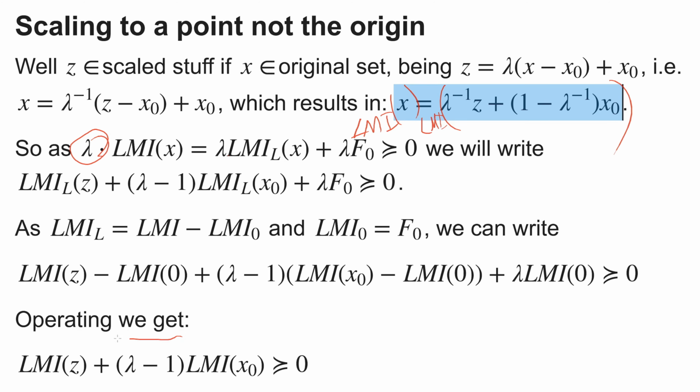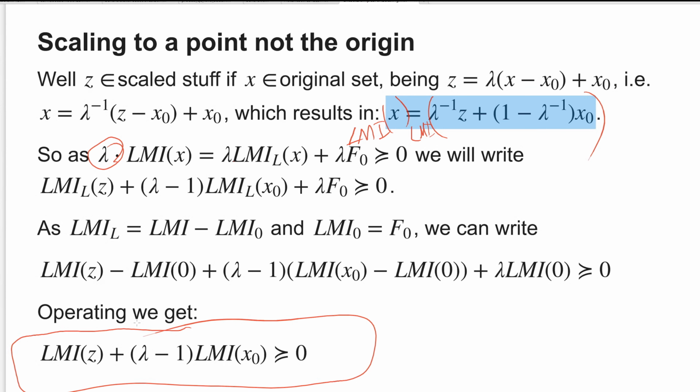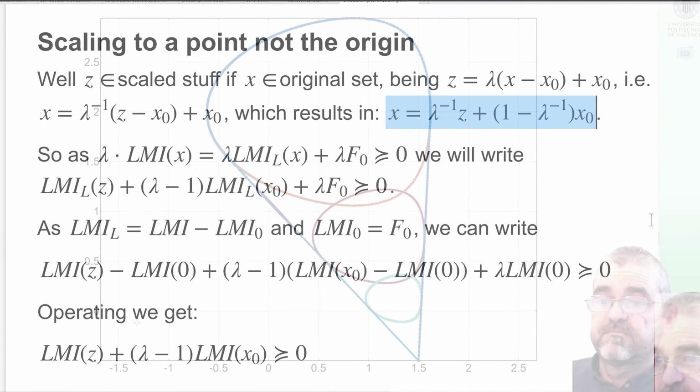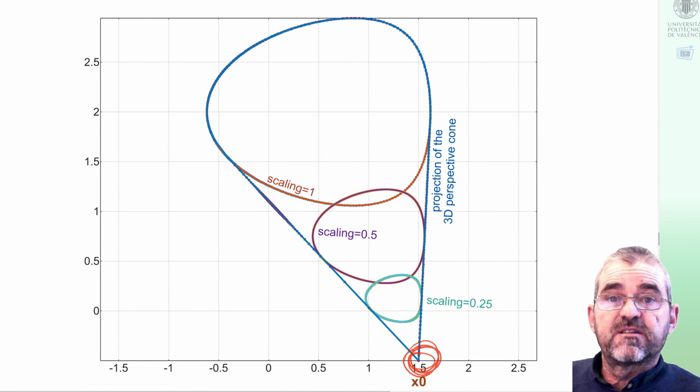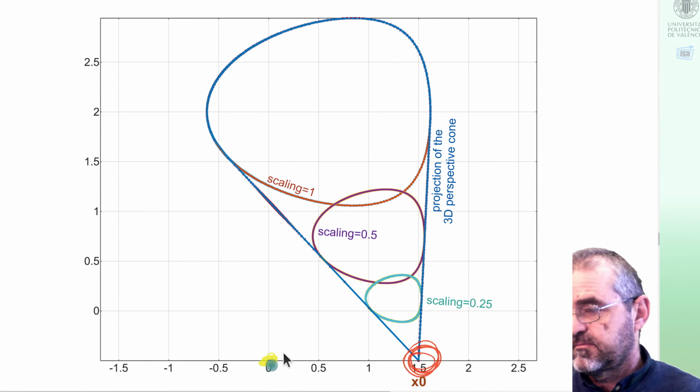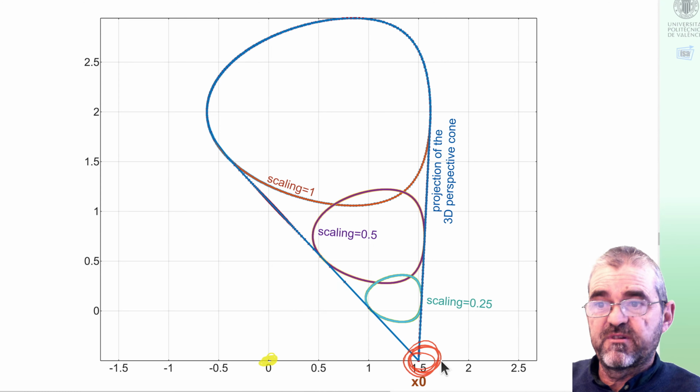Well, the thing is that at the end, this is the scaling, let's say, shrinking towards x0. Or if lambda is an SDP variable, a decision variable, this will be lifted with one more dimension, which will be a perspective cone, and projecting that onto 2D, we will have this kind of picture in which this is the new scaling point instead of the origin we used in the previous simulation.